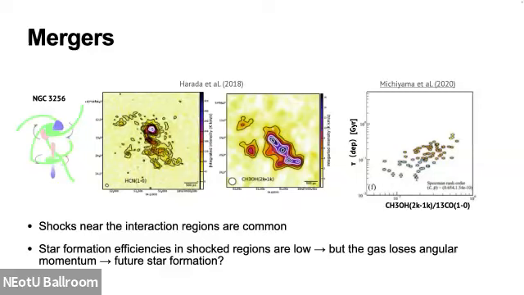Another group did a study of methanol over CO versus depletion time, and it showed that a higher methanol ratio shows a higher depletion time, meaning that they have a lower star formation rate. So these interaction regions have lower star formation efficiency, but eventually this gas must lose angular momentum, so it might eventually lead to star formation at the central region.